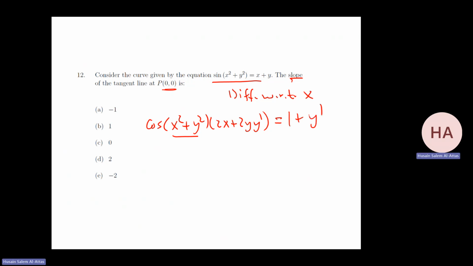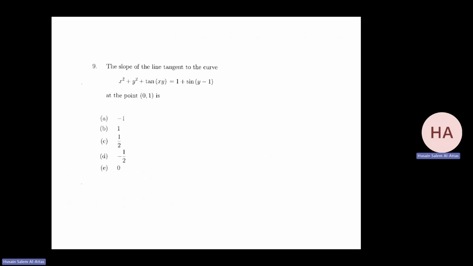Okay, substitute x equals 0, y equals 0. That will make it easy, because this is 0, and cosine 0 is 1. So I have 0 equals 1 plus y prime. So y prime equals minus 1. Easy one. The slope of the line at this point. That's it. Calculation. Differentiate with respect to x.